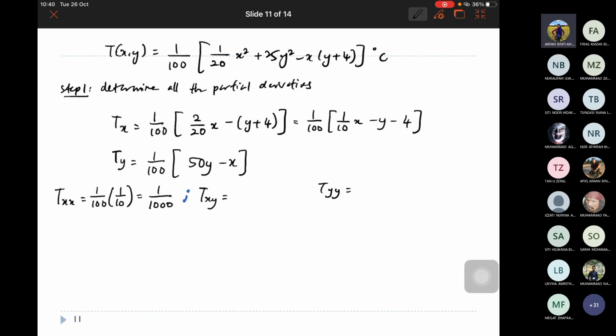Cuba buat the second order partial derivative. What will you have for the temperature punya function?